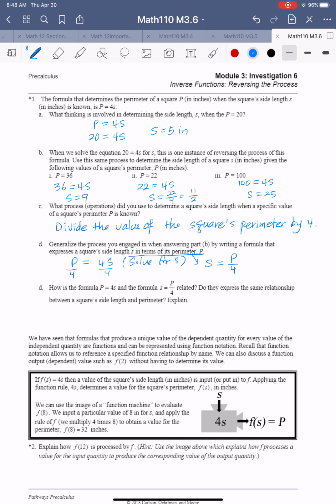And then, how does the formula P equals 4S and the formula S equals P over 4 relate? Do they express the same relationship between the square side length and perimeter? So this is actually the same relationship, right? It's the same equation.